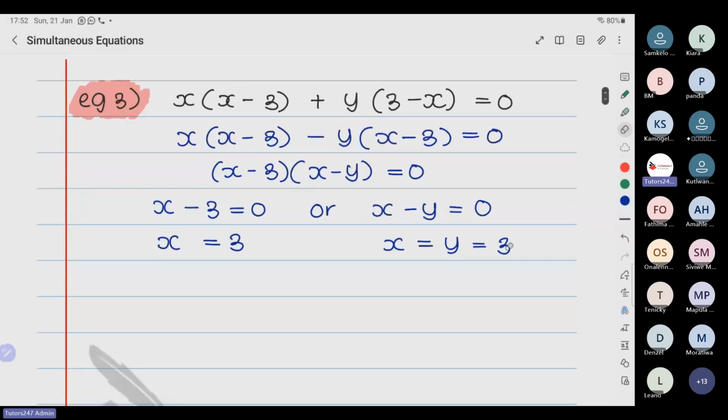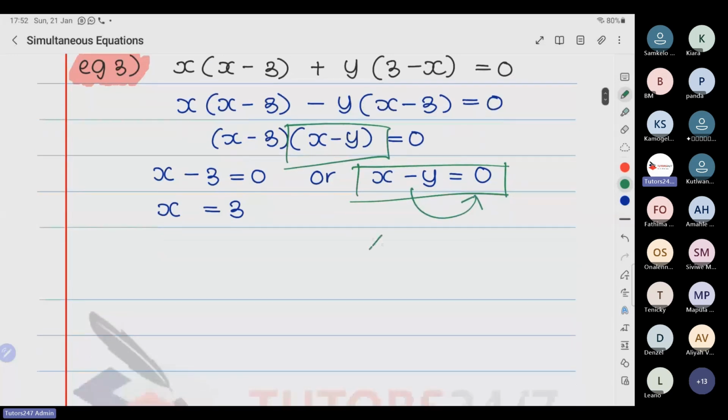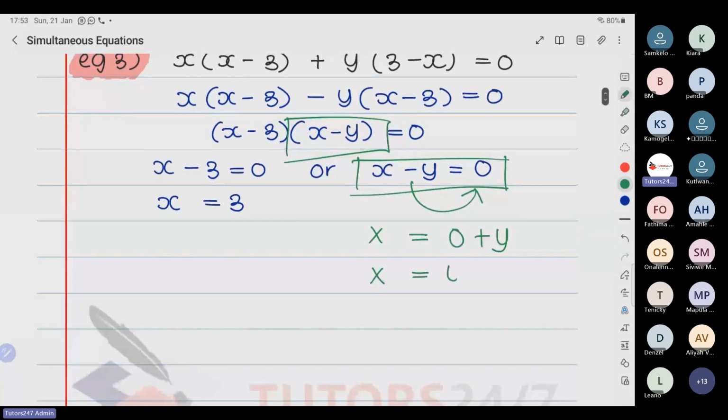Okay, so here, if we look at this equation, this equation came from here. If you move this negative y to the other side, you end up with x equals 0 plus y. We know that 0 plus y is y. Now here it states that x is equal to y, which means that whatever y is, the same thing is x.